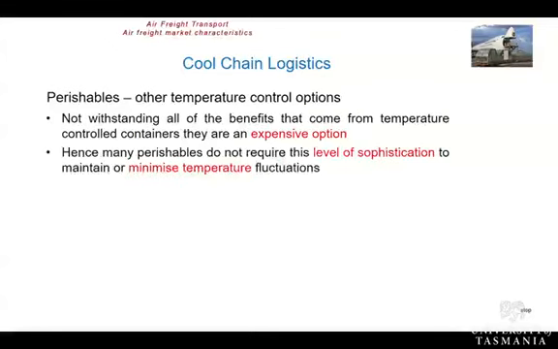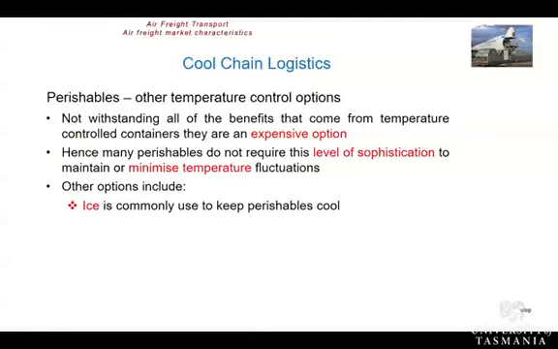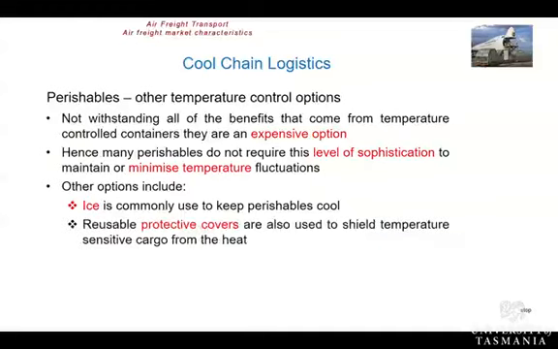It's an expensive option. However, there are a number of different options that you can take up. You don't require that level of sophistication. And they include ice, as simple as ice, to keep the perishables cool, and also as simple as a protective cover, which can also shield temperature and keep the goods in an appropriate manner.